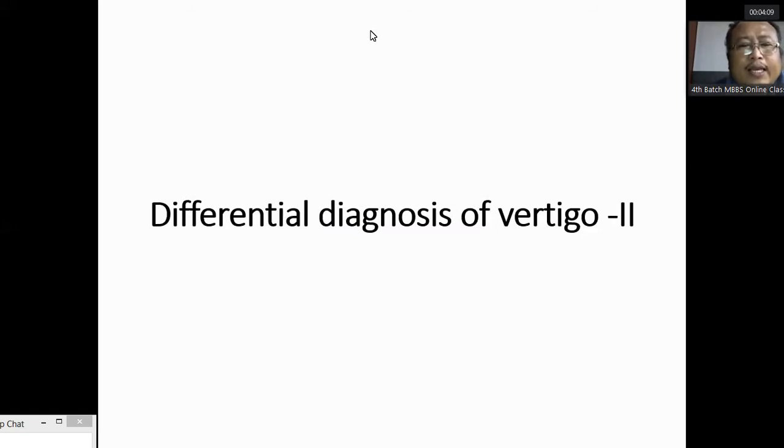If the patient comes with typical symptoms, you can all diagnose BPPV. That is a simple example of vertigo without hearing loss. There are only vestibular symptoms, but no auditory symptoms, meaning no hearing loss or tinnitus.